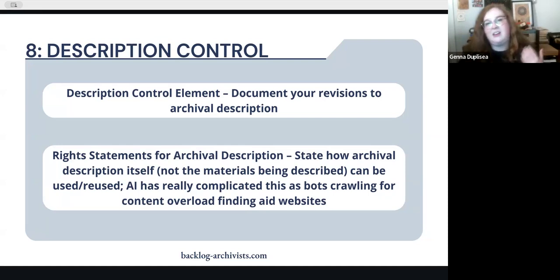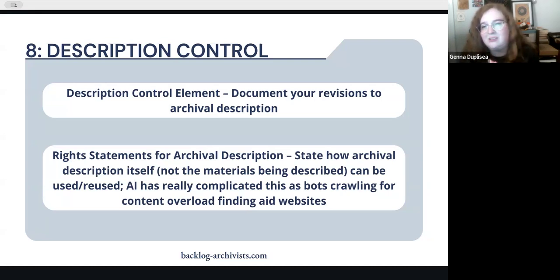And then I think that this is going to become fraught, but also within this chapter we talk about the rights statements for the archival description, not the collection. So we had the conditions governing the use of a collection.